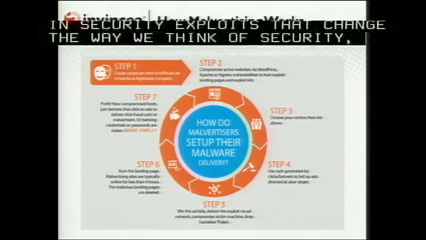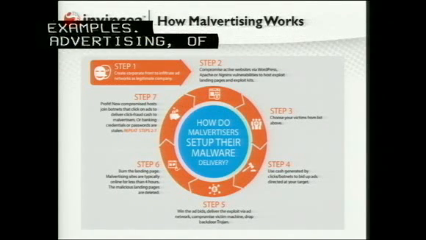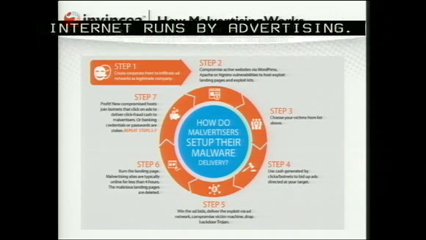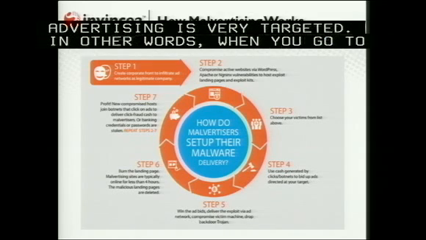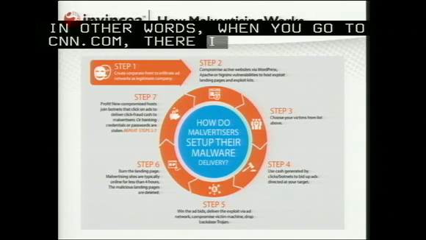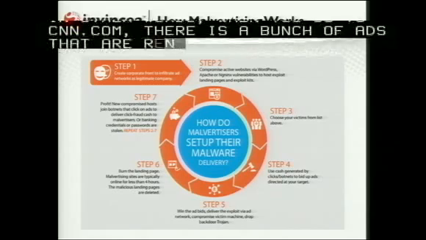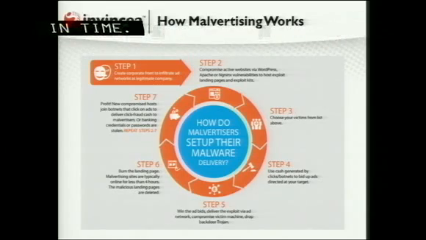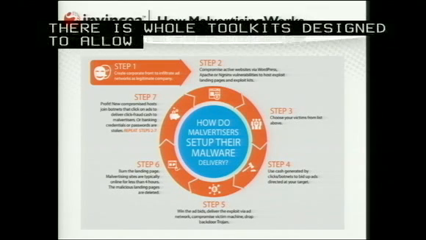Advertising, of course, the internet runs by advertising, right? And advertising is very targeted. In other words, when you go to CNN.com, there's a bunch of ads that are rendered based on their knowledge of you at that point in time. There are whole toolkits that are designed to allow advertisers to target specific people based on their demographics.